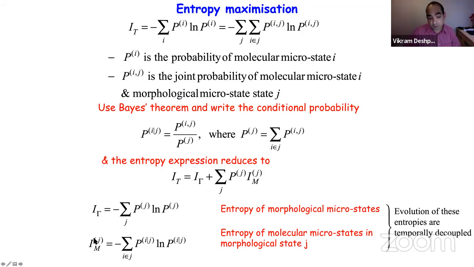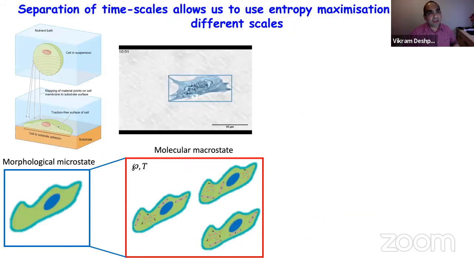If these timescales were coupled, then we would be in trouble, because then we'd have to do a joint maximization, and that is what I will not do. I will assume that they are decoupled based upon the experimental observations and then proceed. Okay, so this separation of timescales allows us to use entropy maximization at these different time scales and length scales.